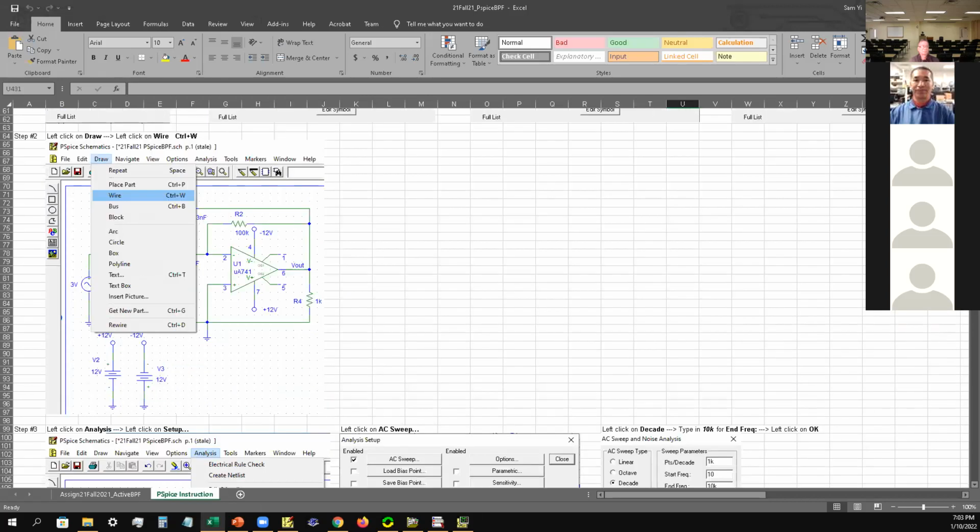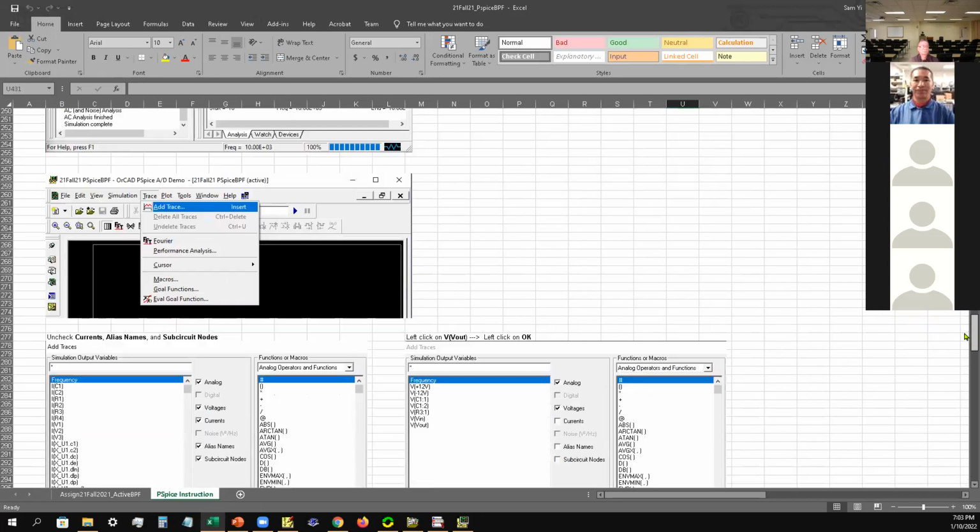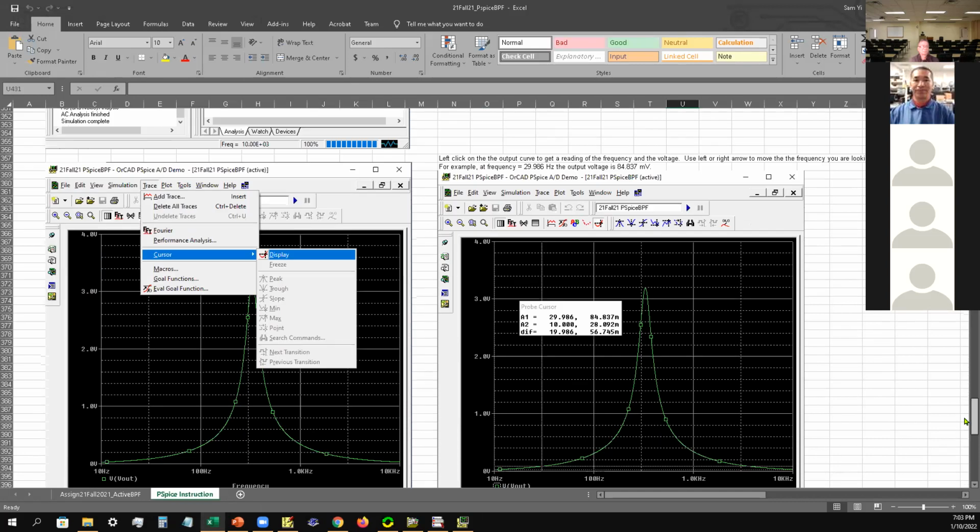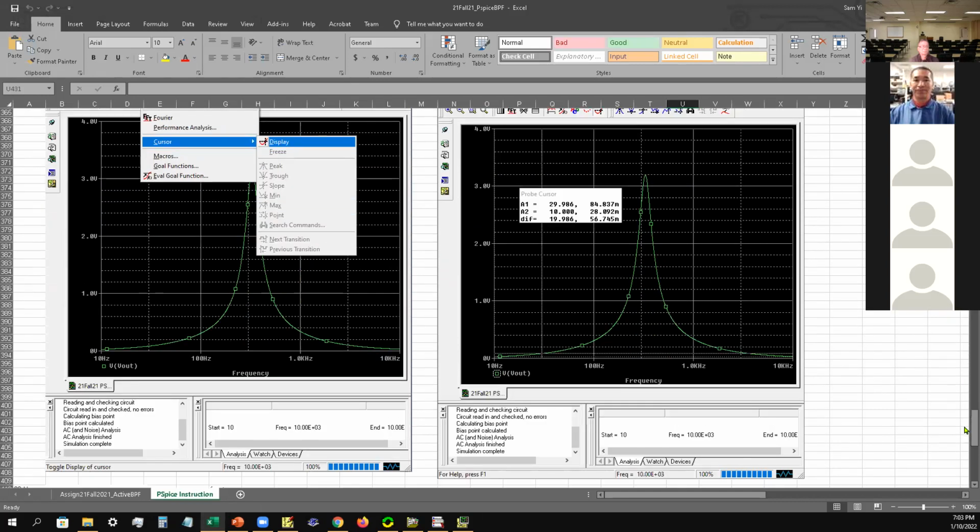Normally, once you've done the simulation, you have something right here showing that at that point it's showing A1. A1 should be pretty close to that 30 hertz, and this is the voltage that's showing up. So the gain, the decibel, and the voltage out.